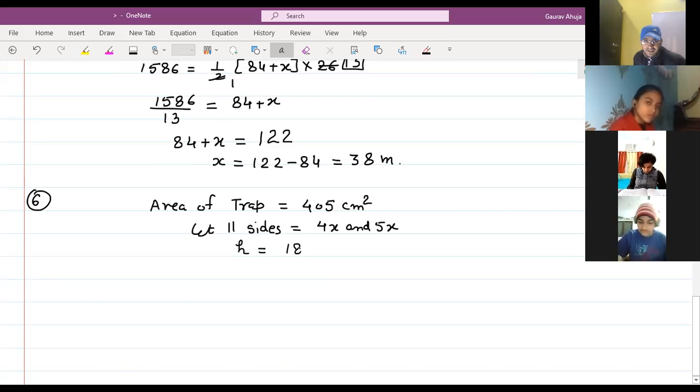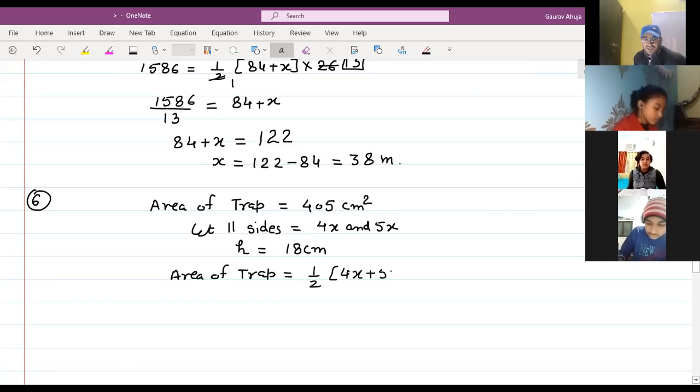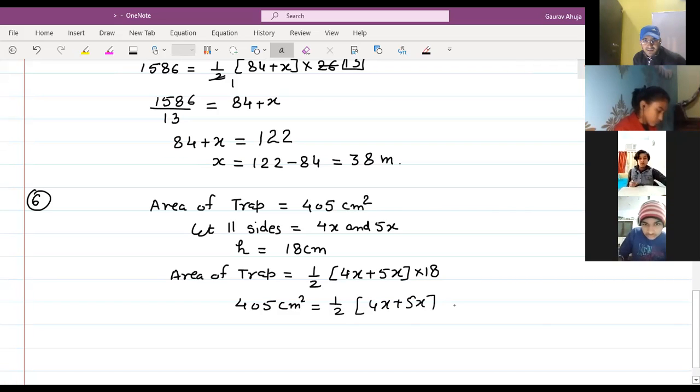And what is given? The distance between these two parallel lines, that is h, is given as 18 centimeter. So area of trapezium is half sum of parallel sides, means 4x plus 5x, because the ratio is 4:5, into height 18. Now we know area is 405 centimeters square. Let's put that: 405 equals half, 4x plus 5x into 18.